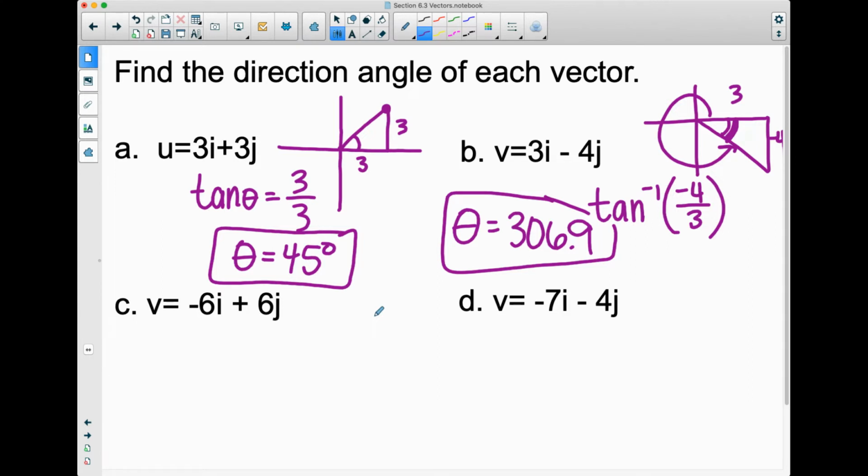You always have to subtract it from 360. It depends on where you're located.